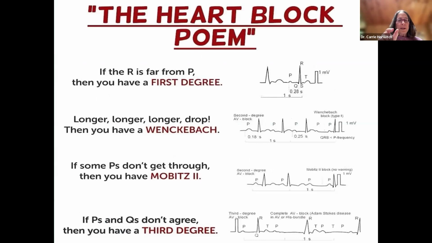So you have normal PR, longer PR, and then oops, there's no QRS. If some P's don't get through, then you have Mobitz 2. So those P's may be regular, but then one of them doesn't go through. And if the P's and Q's don't agree, then you have third degree. So this may be a little ditty that can help you remember if you think you have a heart block. Next slide, please.